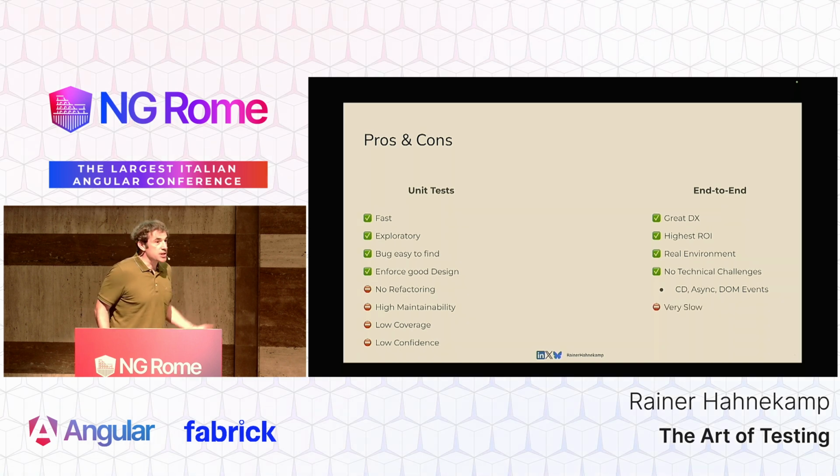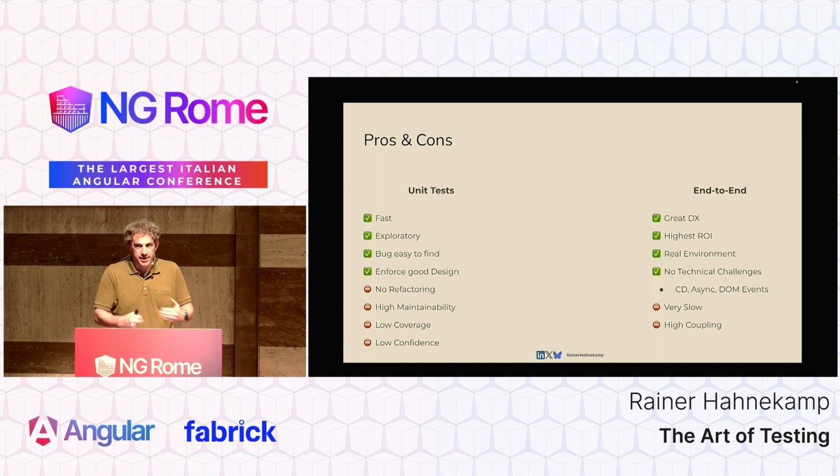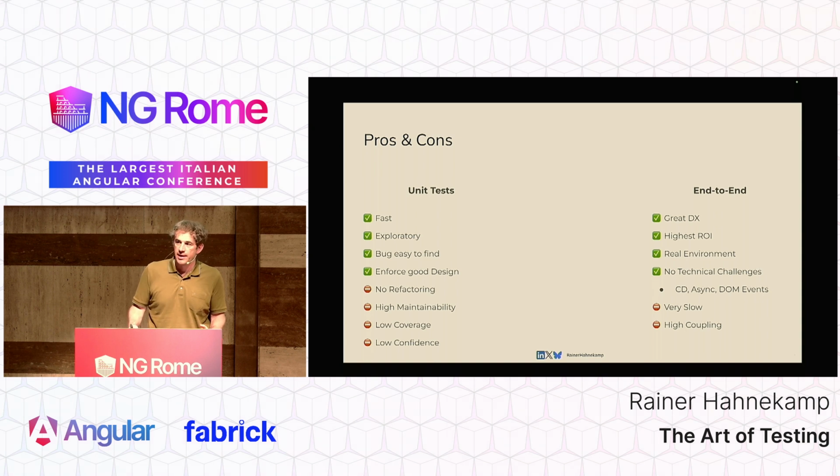So why not do just end-to-end tests all the time? Now, first of all, because they are very slow. That's going to be improved. But second, we have a high coupling. Very often, high coupling between tests, not with the implementation. Very often, end-to-end tests also run against the database, which means every test has the potential to change the current situation, and the next test needs to be aware of that.